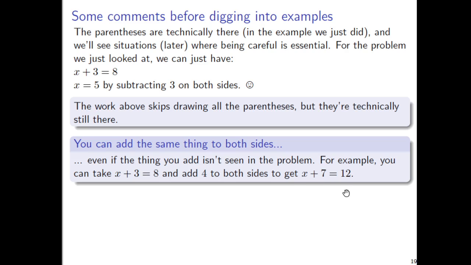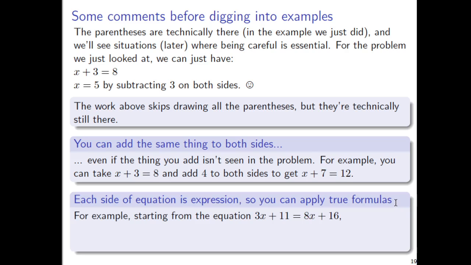It doesn't seem helpful in this situation, and so you might say, why should we do that? Well, in a couple weeks, we are going to see situations where a thing gets added to both sides of an equation, and that thing that's added to both sides doesn't even appear in the equation we're looking at. And oddly enough, doing that step in a future type of problem is actually going to be helpful.